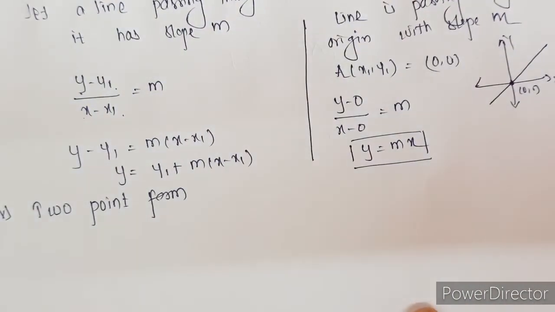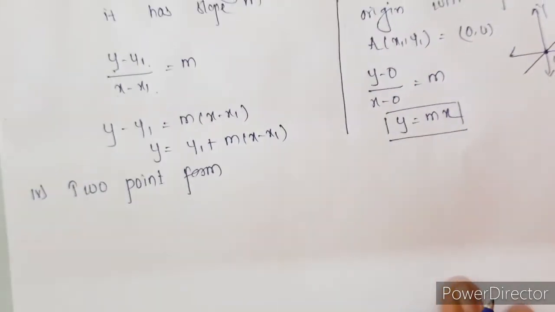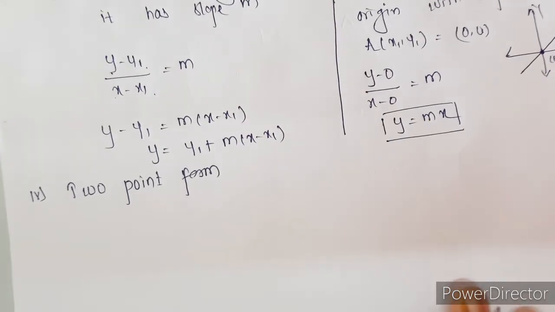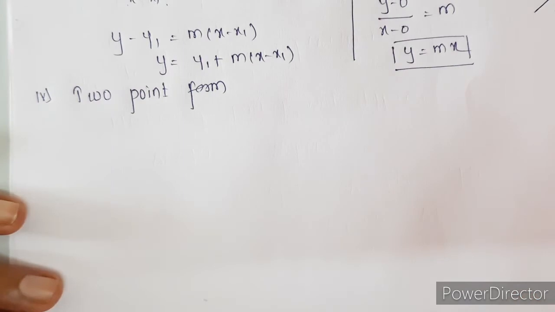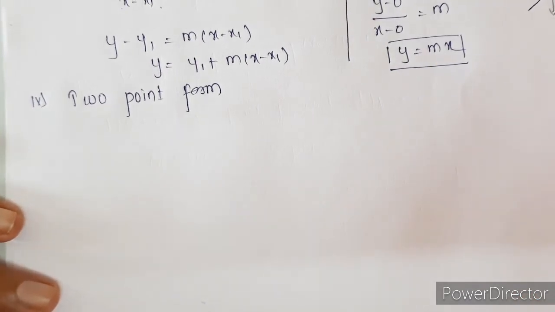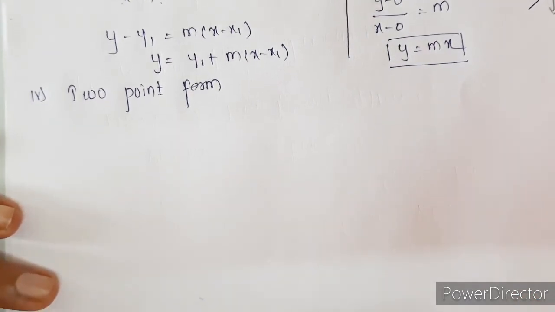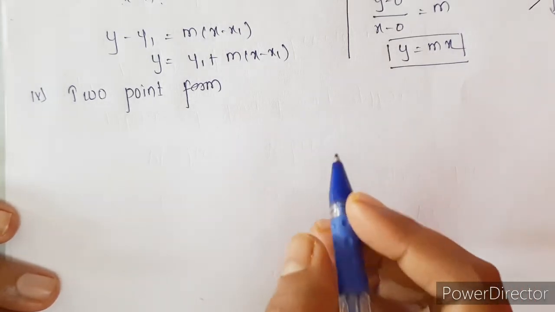Next is 2-point form. Now what is the difference between slope point form and 2-point form? In slope point form, we already know 1 point and the slope of the line. We have to use 2-point form if we know only 2 points, like a line which is passing through some 2 points, and we don't know the slope of that particular line.